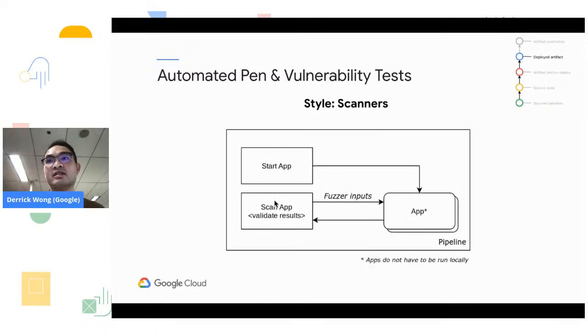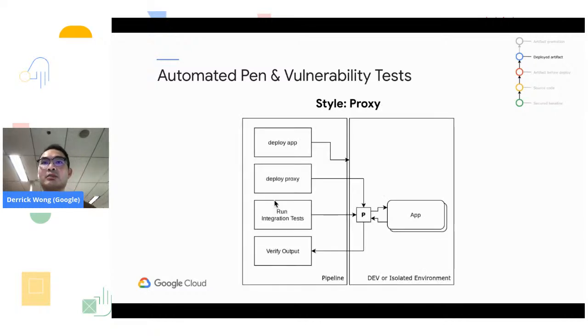So these are two different styles of automated pen test, vulnerability test. The scanner is more suitable for known patterns, right? So for example, some pen test vendors have a list of known patterns they try to validate, right? So the scanner is good for that.